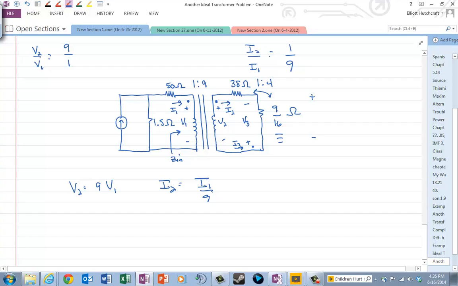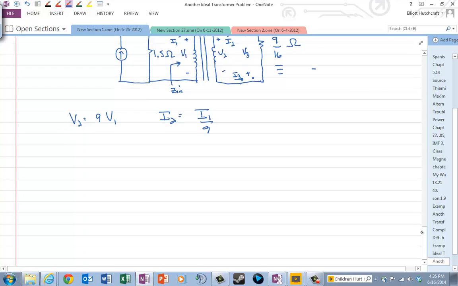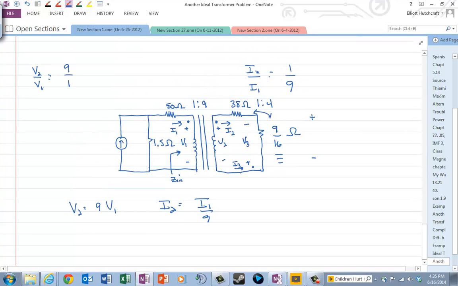So I'll have both of those, and then, since I2 is flowing through this 38 ohm resistor, I can take again the real part of V38 times I38 conjugate.